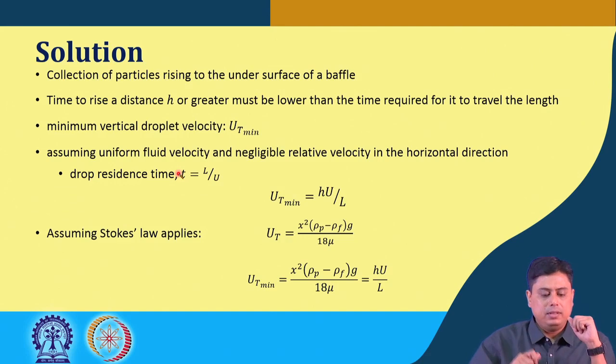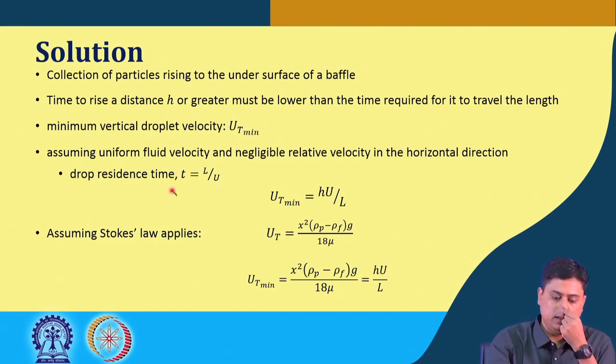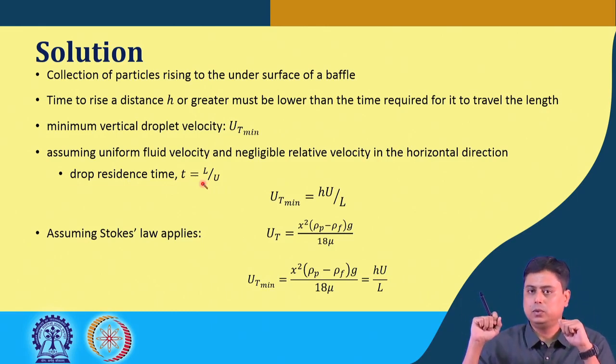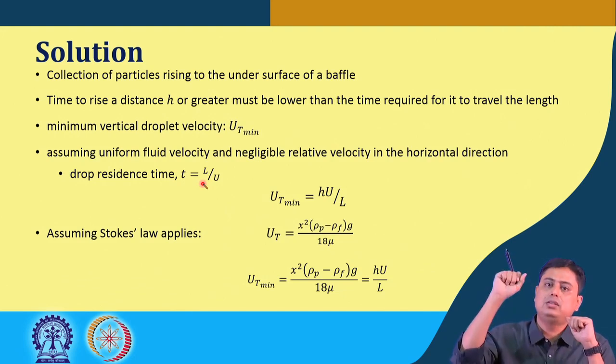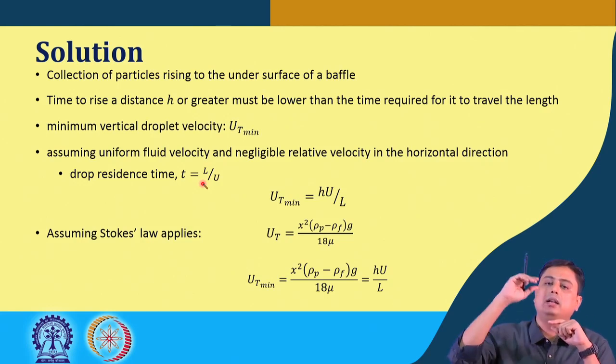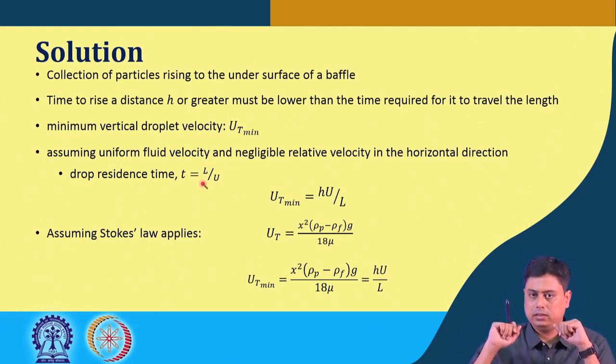So, if that happens, then the drop residence time inside the chamber is the length divided by the fluid velocity. In this time, it must rise to this small height h, or the under surface of this baffle. This is the minimum requirement.